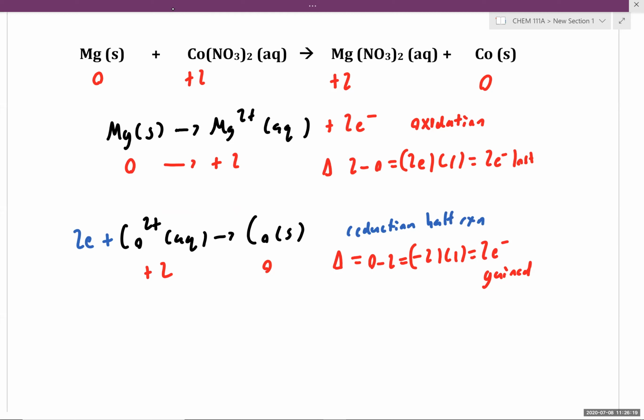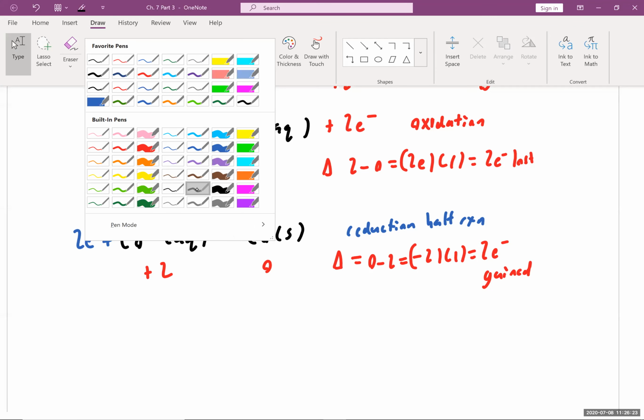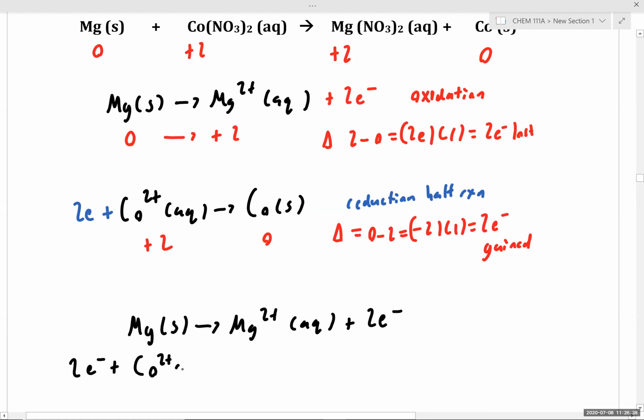So now when we add our equations together, we get magnesium solid leads to magnesium 2+ aqueous plus 2 electrons. And then we have 2 electrons plus cobalt 2+ aqueous leads to cobalt solid.